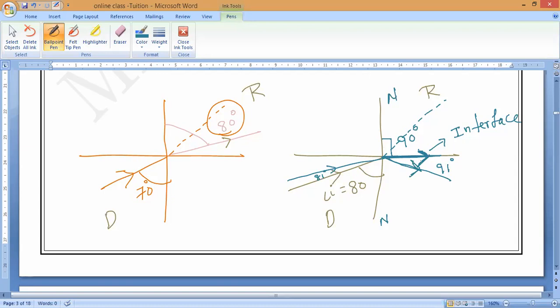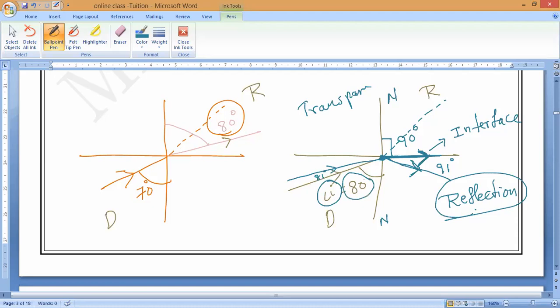If the light is entering into the same medium, what should we call this? Reflection. But this reflection is taking place between two transparent mediums, because of the incident angle. Till 80, we can call it the incident angle only.